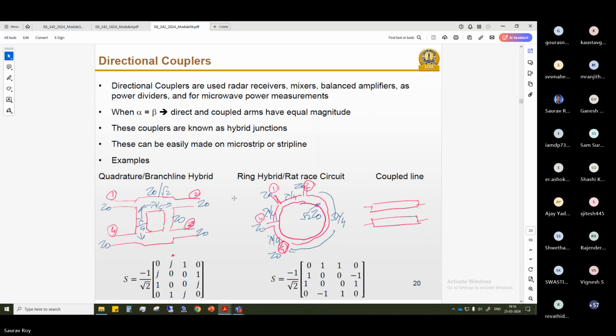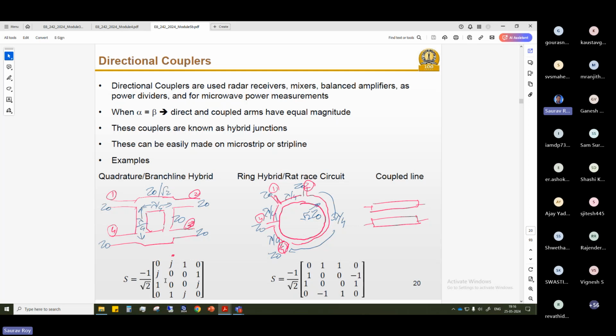That you also see from the matrix here. S11 is 0 as usual. S21 is J by root 2. That means there will be a lambda by 4 phase difference and you get half power. S31 you get lambda by 2 or pi phase difference, and 1 by root 2 amplitude, so power is getting divided between ports 2 and 3.